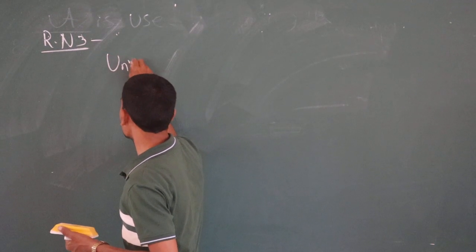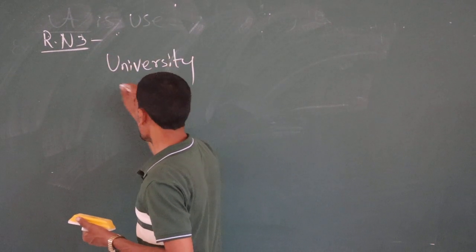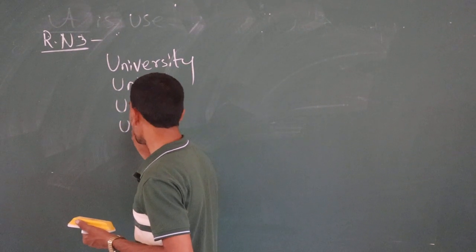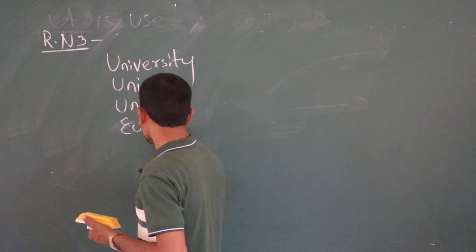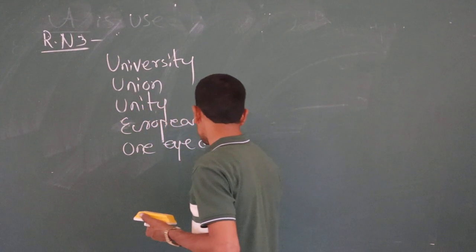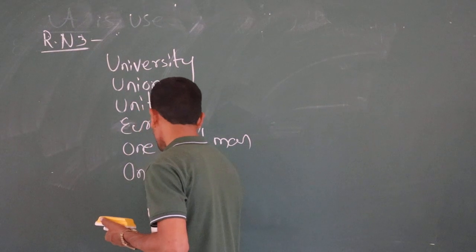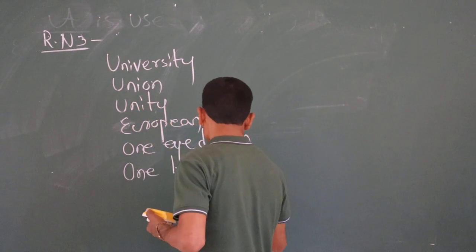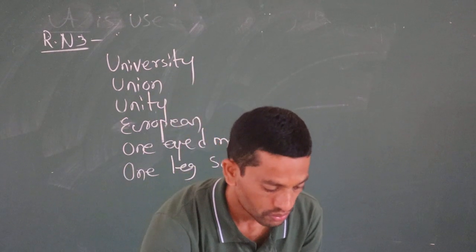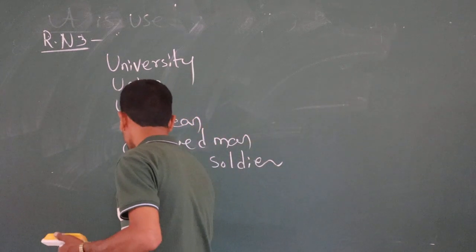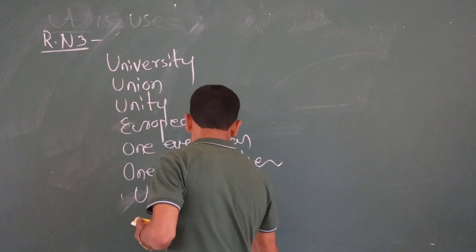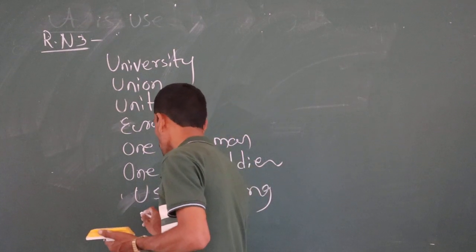So, university, for example, university, union, unity, European, and one-eyed man, one leg soldier, European, unity, and a useful thing. So, like this, 1 rupee note.